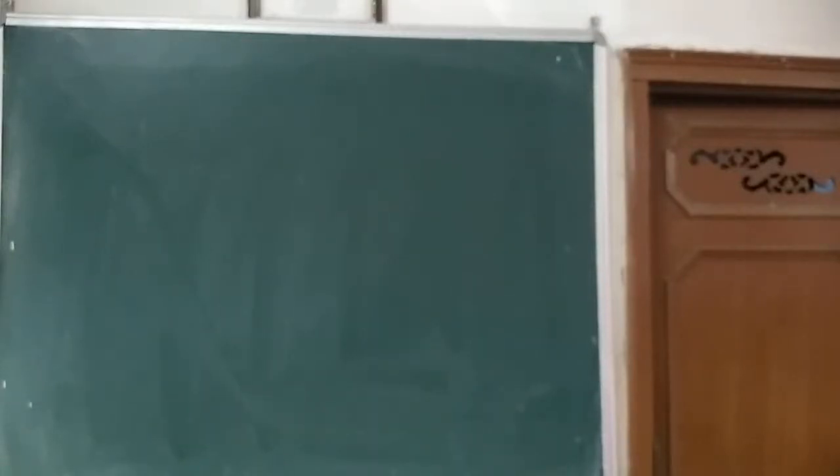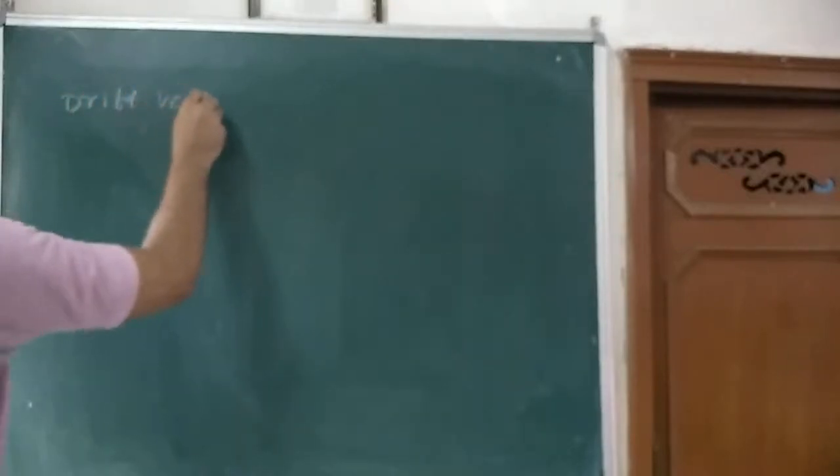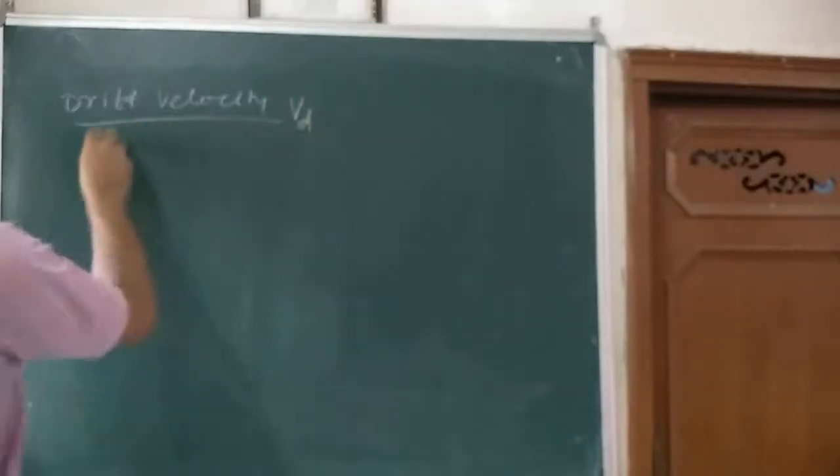Now children, I want to write down the definition of drift velocity here. What is drift velocity? That is Vd.